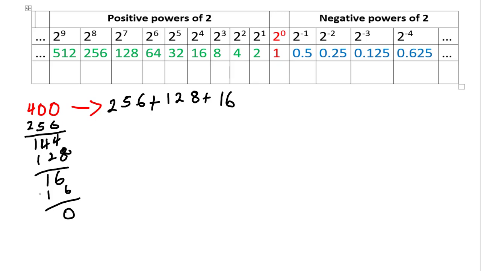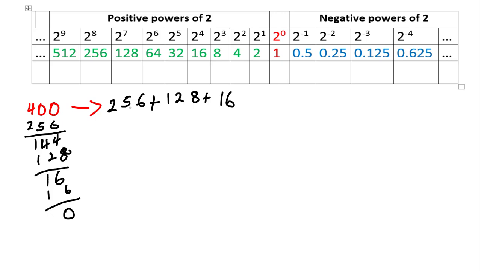Let's sum up these numbers and confirm if they add up to 400. 256 plus 128 plus 16 sum up to 400. So the next step is to compare the sum of numbers to the values we have in the table.